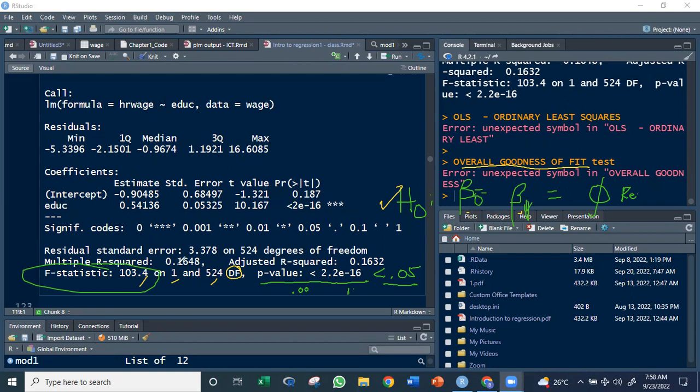What's your k? Ito muna, itong degree of freedom 1 muna. Where did we get that? This is your df1, this is your df2. How do we get our df1, class? It says your df1 is equal to 1 and df2 is equal to 524.